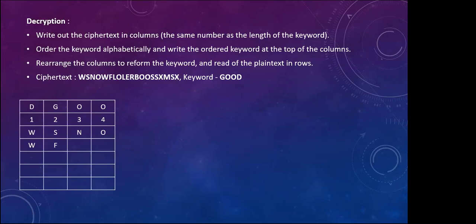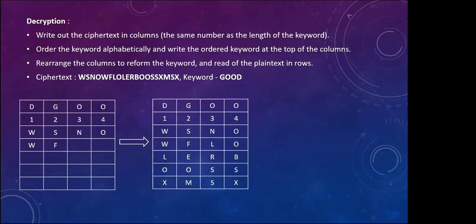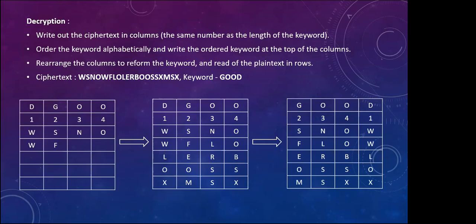Then we write the column numbers 1 2 3 4, and write the keyword letters in alphabetical order, and then fill the table with our ciphertext. After we fill the whole table, we arrange the columns according to our keyword. The original keyword was good, so in that format we arrange our columns, and after that we read this row-wise, and we get our plain text.